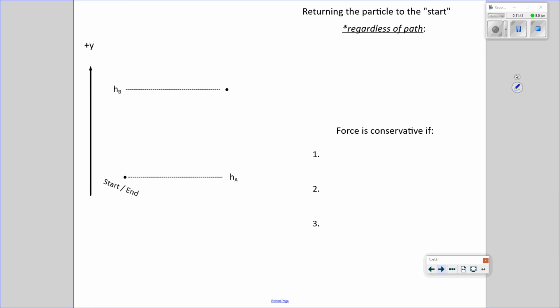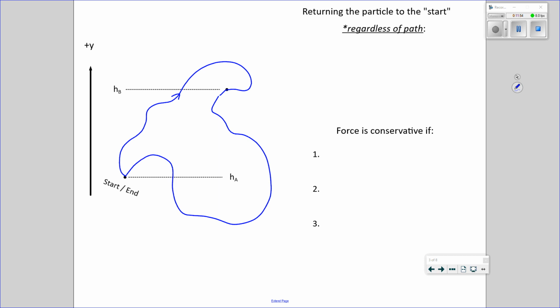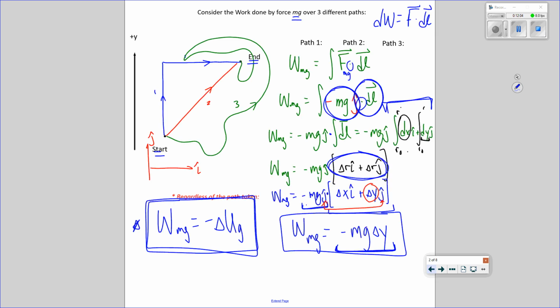Guess what? If we say, I don't care how we got from here to here, if we then go back from there to here, if we take a closed loop, well, guess how much work would be done on the way back? Well, the same as this, but negative that, right?